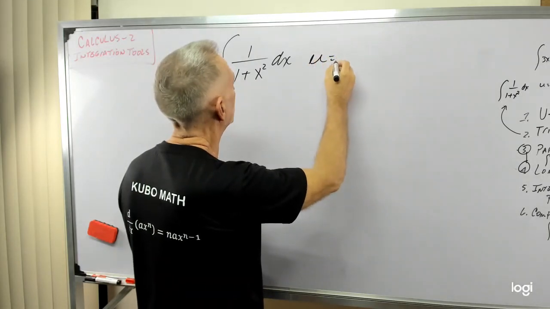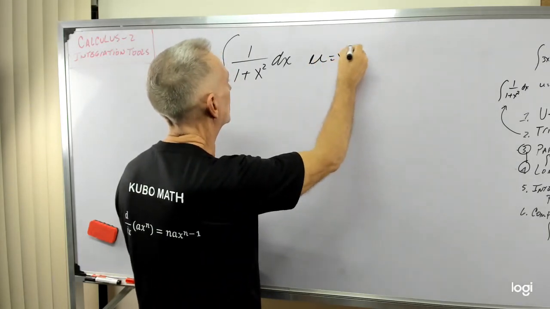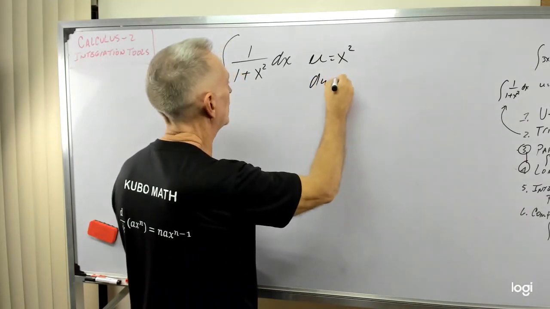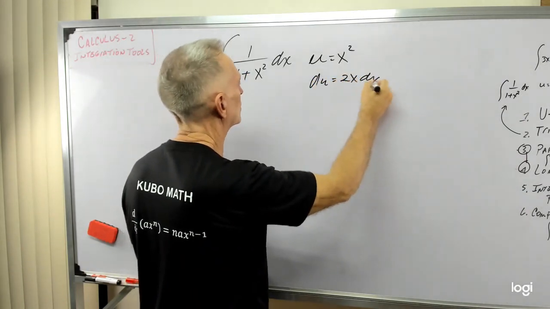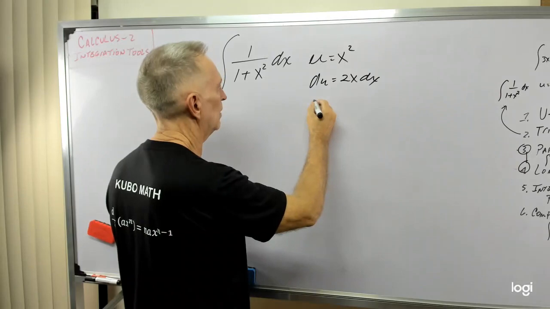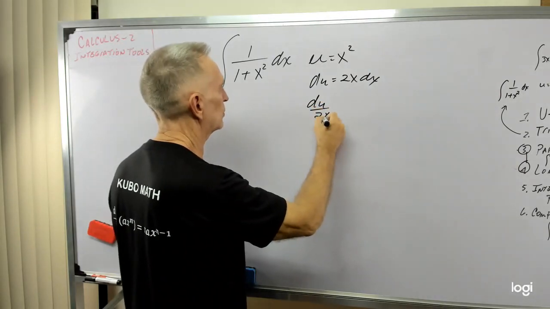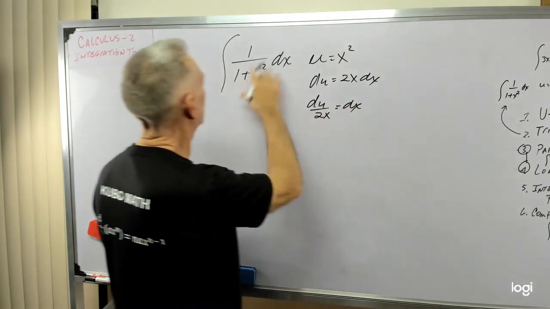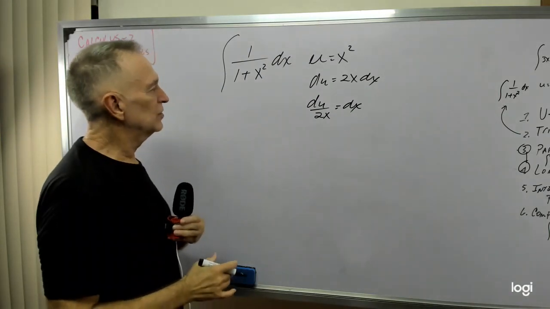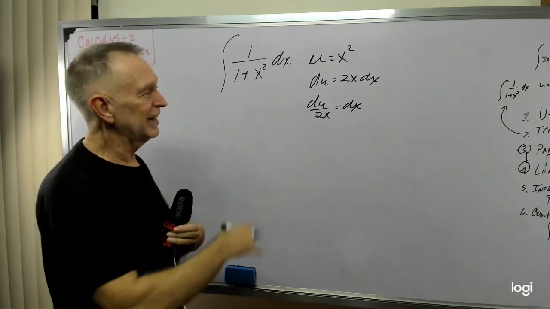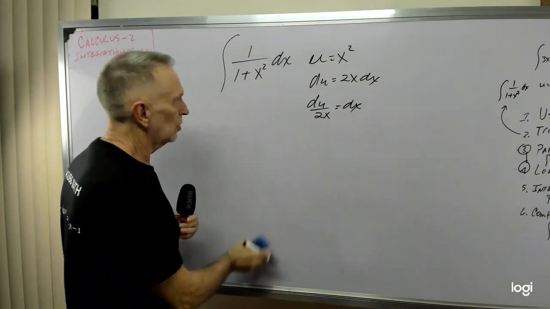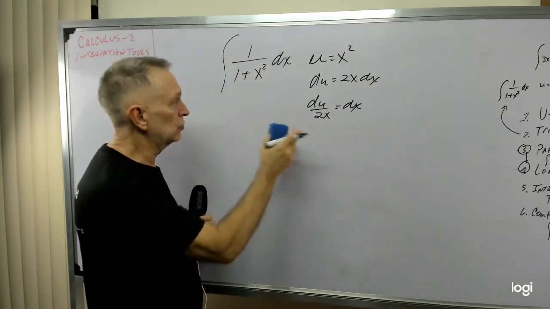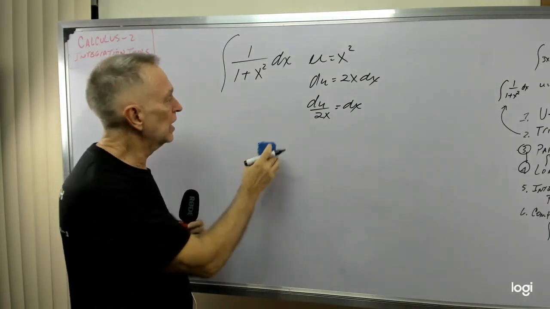If I let u equal x squared, du equals 2x dx. So now du over 2x equals dx. Uh-oh. This doesn't work at all. I mean, at all. So that's not the path to take. So U-sub would not work in this case.